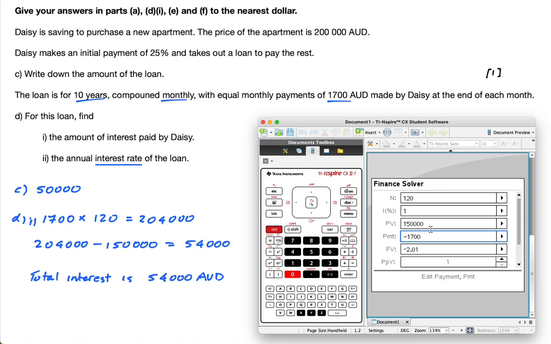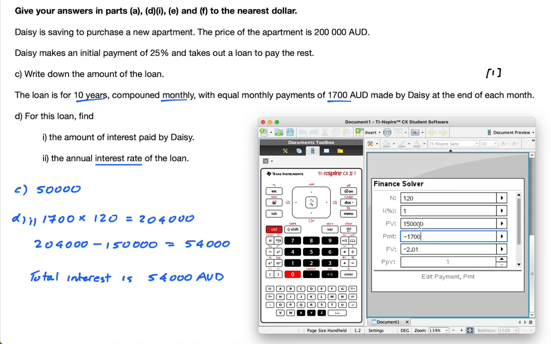It doesn't matter as long as they're different. The mark scheme's just said that you owe 150,000, so that's why it's negative, and you're paying it off, so this is positive. You won't lose marks, but you won't get the right answer if they're the same.